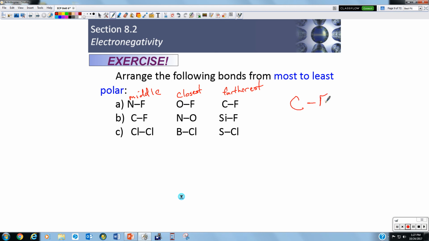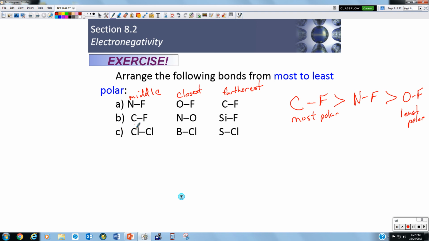So CF has greater polarity than, and then the next one's going to be the one in the middle, which will be NF, and then the last one will be OF. All right. So this is least polar. This is most polar.